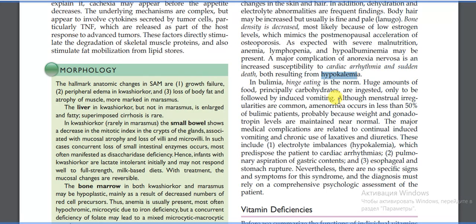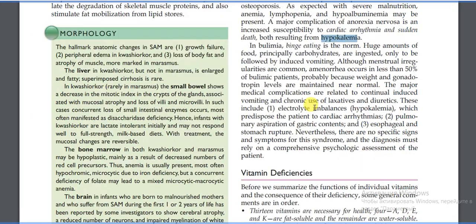It leads to the same changes as in anorexia, but it also causes a much harder electrolyte imbalance, because when a female vomits, it leads to hypokalemia and also increases the risk of cardiac arrhythmias. Then it causes pulmonary aspiration of gastric contents.